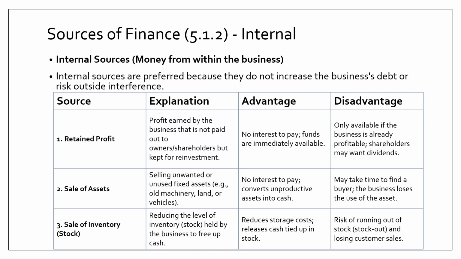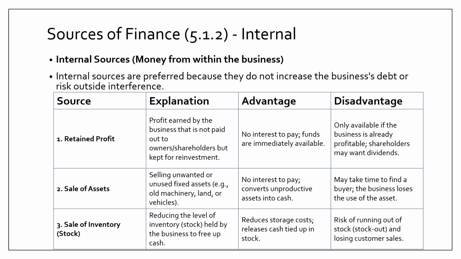Selling unwanted or unused fixed assets, for example old machinery, land, or vehicles, can also be an internal source of finance. The advantage of sale of assets is there is no interest to pay and it converts unproductive assets into cash. What is the disadvantage of sale of assets?